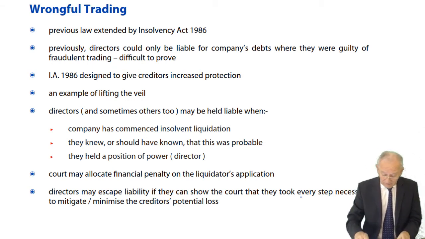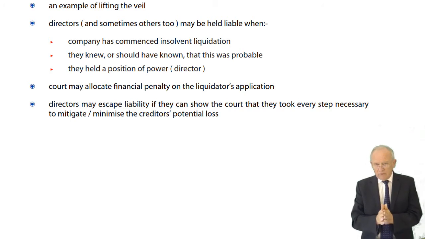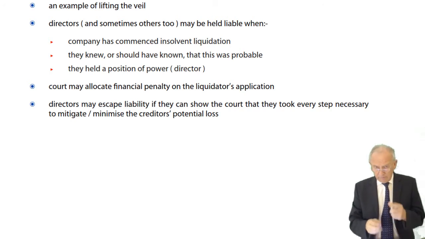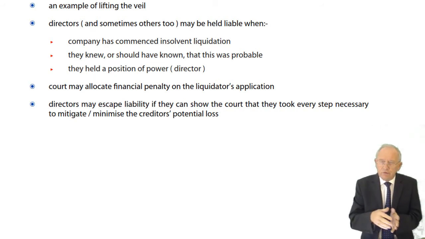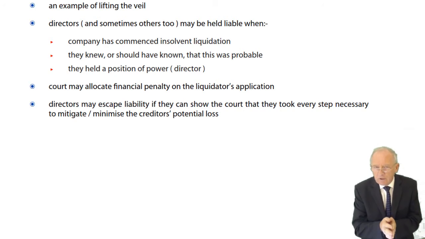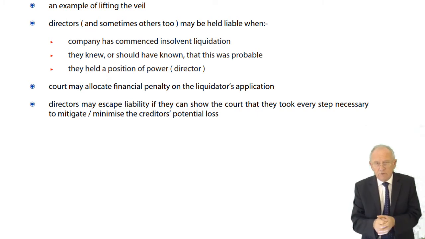And the directors, and sometimes others too, officers who do have responsibility and authority, may be held liable when the company has commenced an insolvent liquidation. Do you remember when we looked at liquidations? A solvent liquidation is available for the directors to pursue the route of a member's voluntary liquidation, whereas if it were an insolvent liquidation, then it would have to be a creditor's voluntary liquidation.